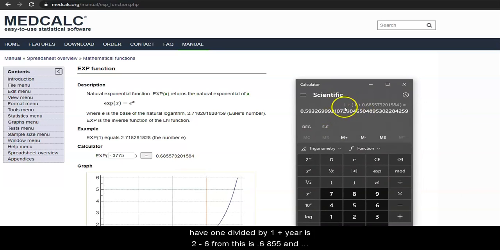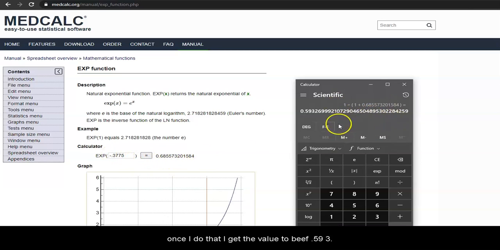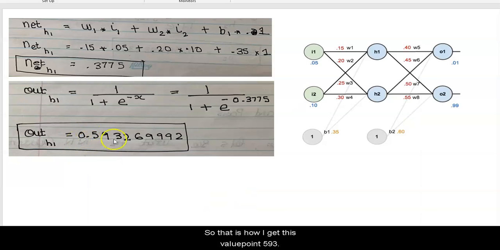From 0.6855, once I do that, I get the value 0.5932. So that is how I get this value, 0.5932.